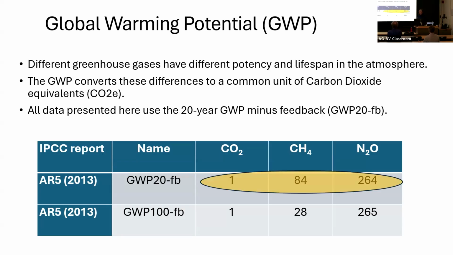And you'll see that that means that 1 ton of methane is worth 84 tons of carbon dioxide. 1 ton of nitrous oxide is equal to 264 tons of carbon dioxide, right? So small changes across these different gases add up quite differently, right? You can't just think about the mass of the gas. You have to think about the mass of the gas times the global warming potential.